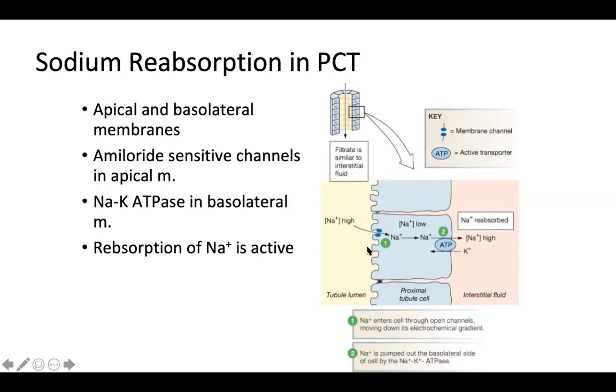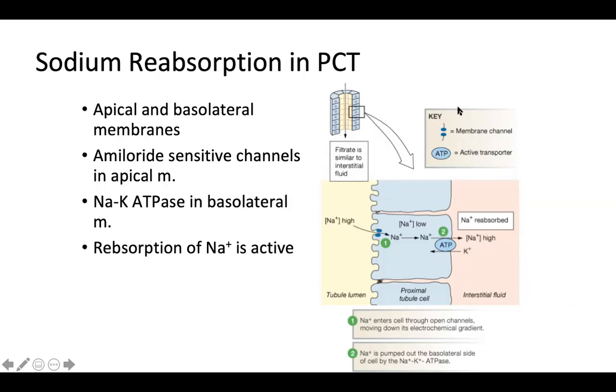The apical side is facing out, facing the environment. The basolateral side is facing in, connected to that connective tissue layer. So the apical side is in the lumen of the kidney, and the basolateral side is more inwards, extracellular. If this is the interstitial fluid, then the capillary must be right along here, right outside this picture. Okay, hopefully that makes sense.